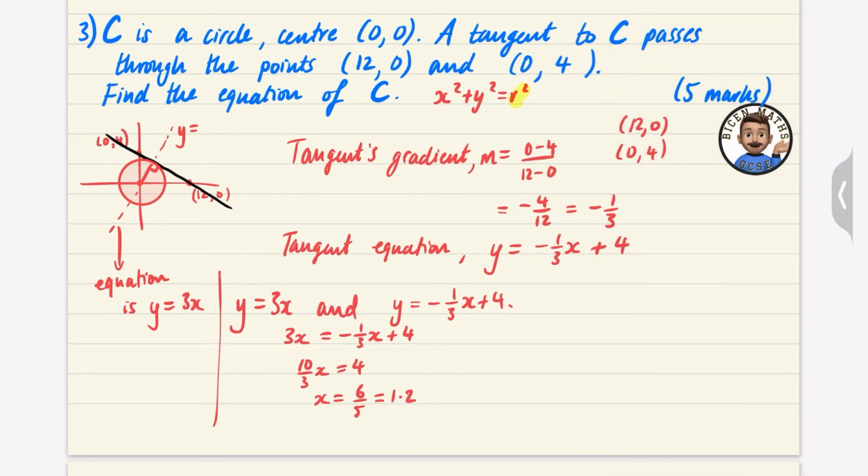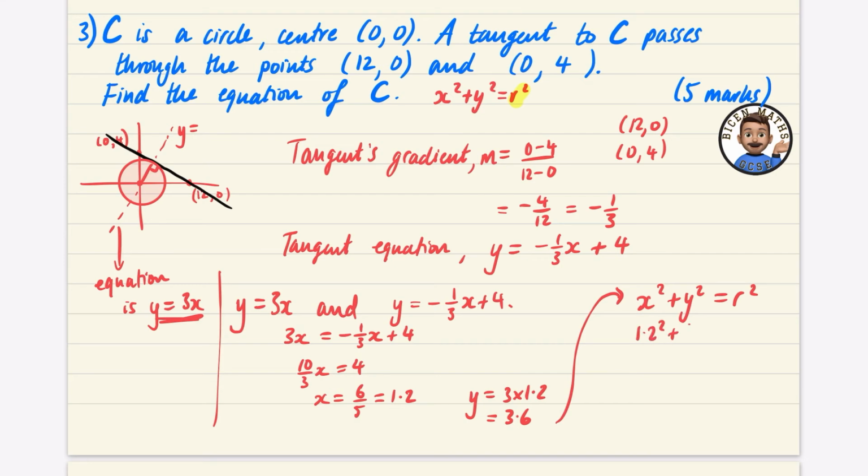And then I can use that to find out what y is, because clearly y is equal to 3x, so it's 3 times 1.2, which is 3.6. My last step is to find r squared by doing x squared plus y squared equals r squared.